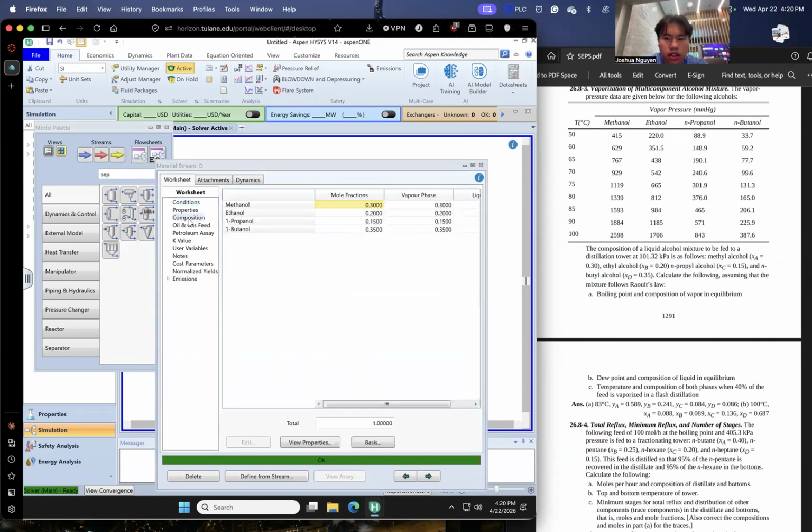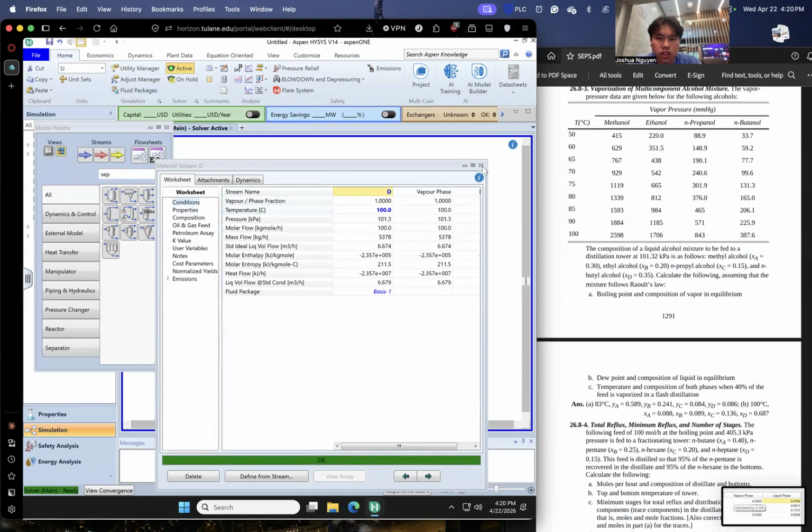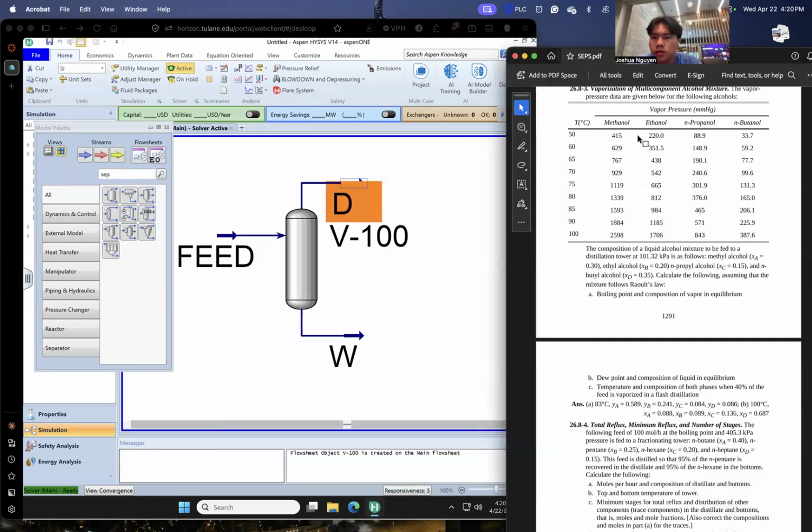So if the distillate's at 100 degrees Celsius, these fractions should be really close to that. Okay. Yeah, and that's pretty close. 0.08, 0.09 seems about right. 0.13, 0.68. Yeah, and those are what's found in the distillate at 100 degrees Celsius. Okay.